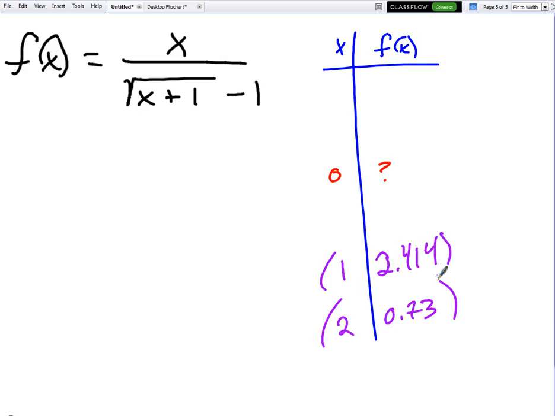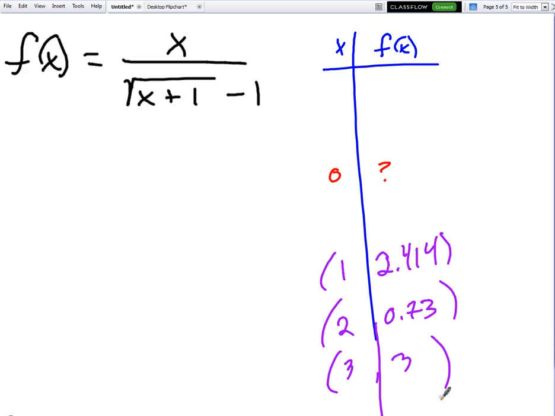Put 3 in. 3's going to be a little better, isn't it? So 3 is going to give us back 3 halves, 1.5. But that's weird, hold it.